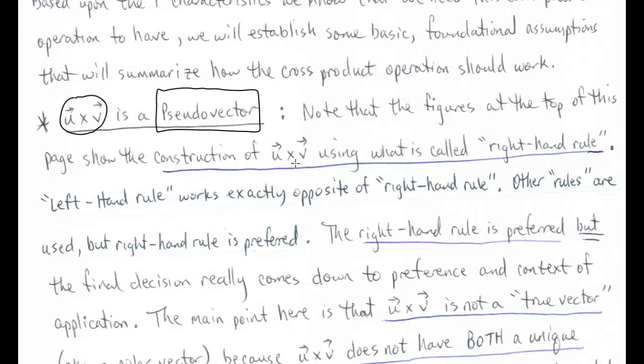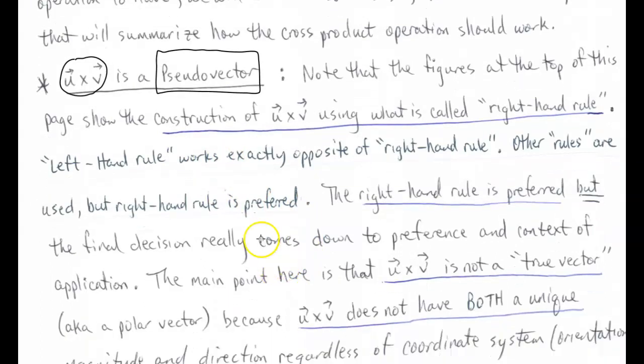That's kind of a problem. It's not one that we can't overcome, but it makes some of the properties that we would like for this vector operation to have not as clean as we would like, and so we have to account for those differences.